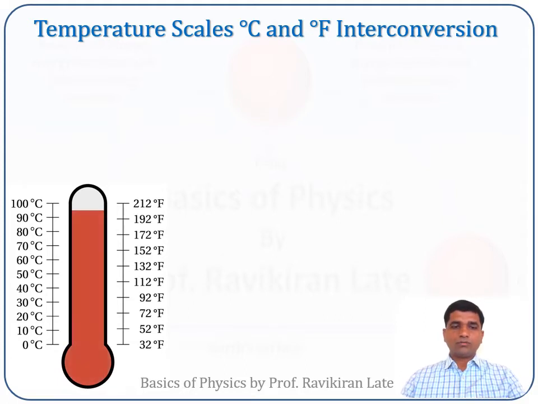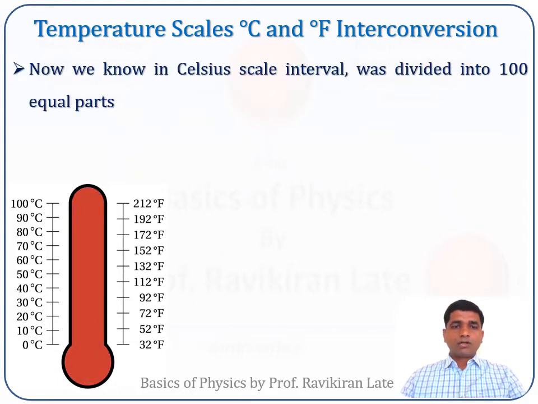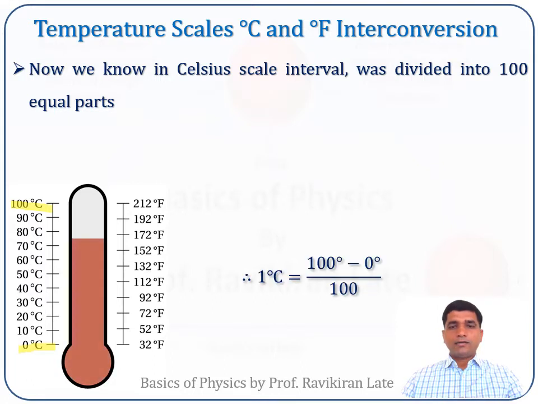You know now that for the Celsius scale, we have a lower point at 0 degree and an upper point at 100 degree. Therefore you can write 1 degree is nothing but 100 minus 0 divided by 100. So 1 degree represents the 0 to 100 degree interval divided into 100 equal parts.